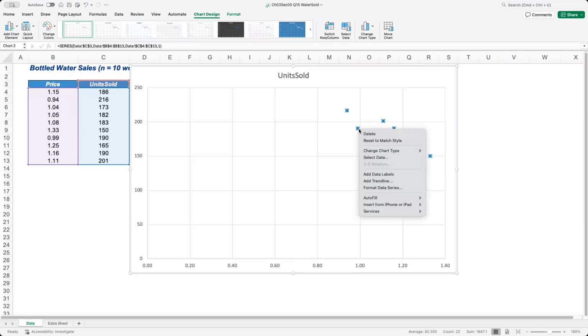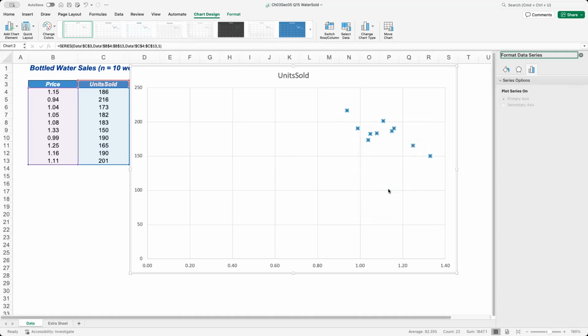One of those options says format data series. I'm going to scroll down, format data series. I can do all sorts of things here. I can change the shape, the size, the color, lots of things. But one of the other things I can do, right above that, says add trend line.